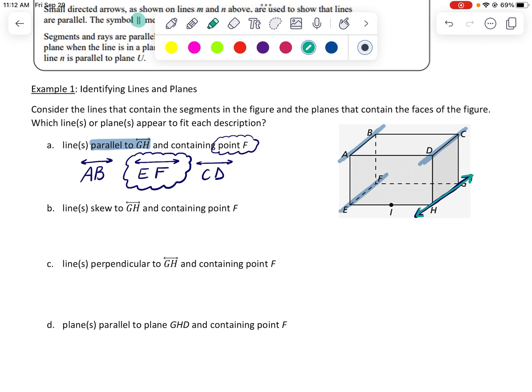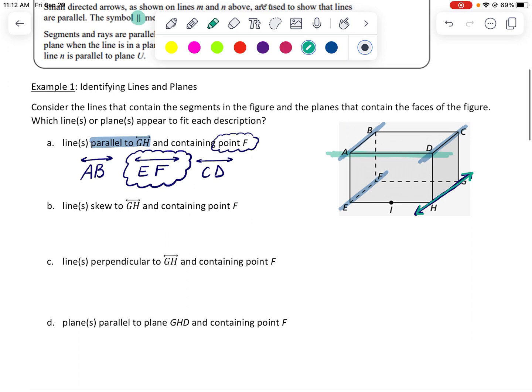So for example, I could do A to D. These do not intersect, but they're not on the same plane. So that means I could also do B to C. I could do A to E. I could do B to F. And that looks pretty good.